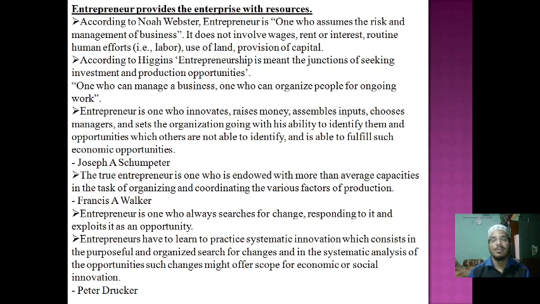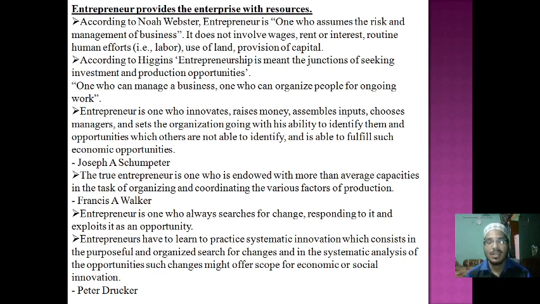So as per your product you will give more labor charges or rent or interest, because if you are making a good quality product, it will give human comfort, use of land, and provision of capital. Like that, according to Hagging, entrepreneurship is meant the junction of seeking investment and production opportunities.